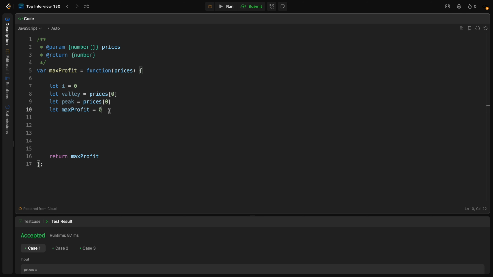Okay, so we want to get the max profit right now. What we can do is create a while loop. I will say while i is less than prices.length minus 1.